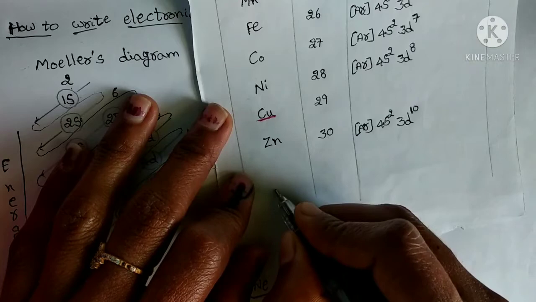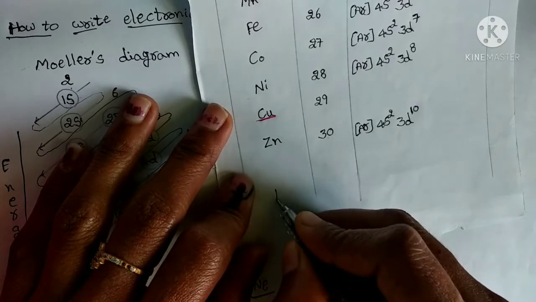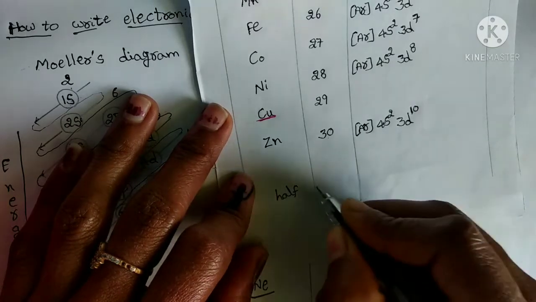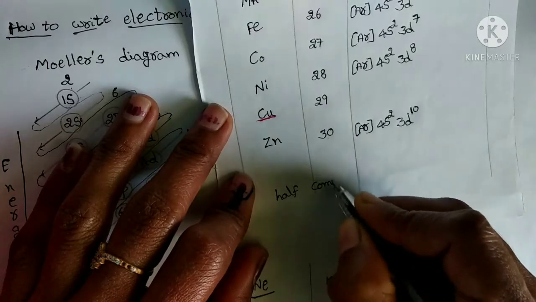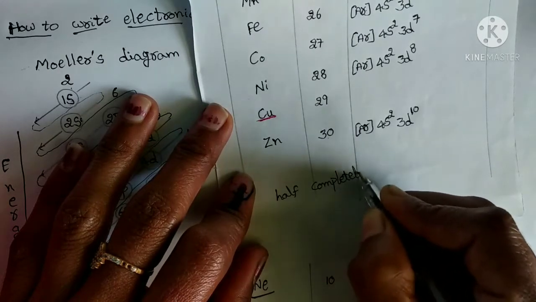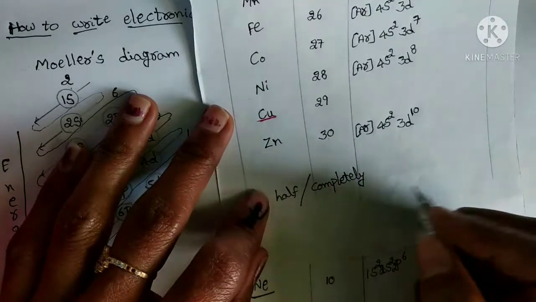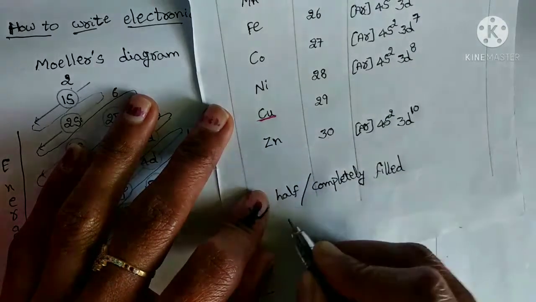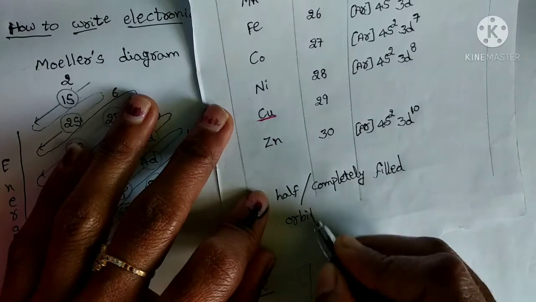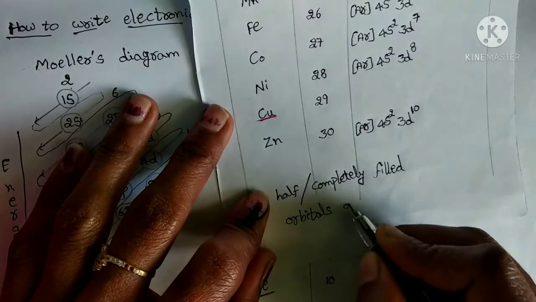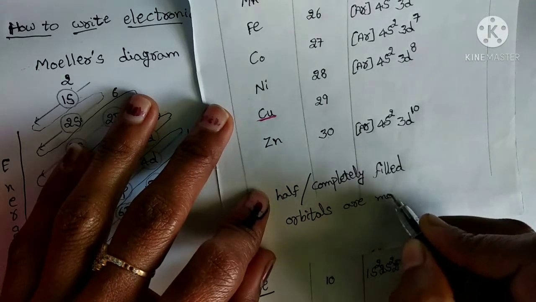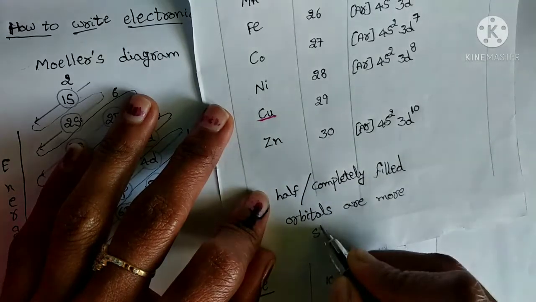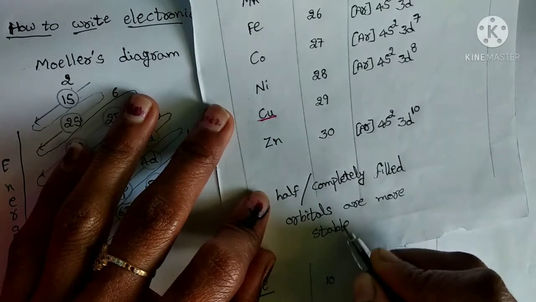Generally, orbitals that are half filled or completely filled are more stable.